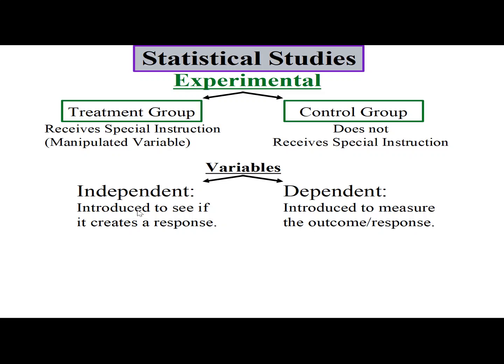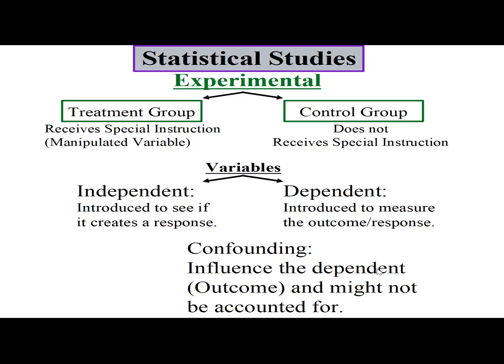Now, the independent is something that we introduce that might cause an effect, and the dependent is the outcome. But there's something that we call a confounding variable. A confounding variable is the one that influences the dependent, but might not be accounted for. For example, at that time when I saw people driving, one of the things that's going to affect my study is maybe age.